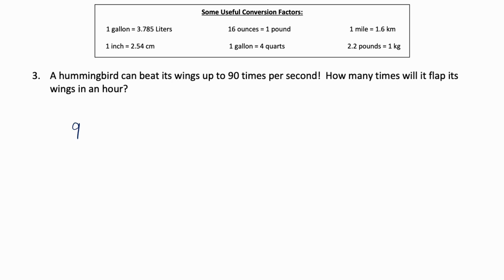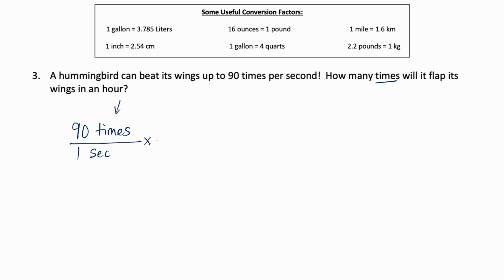So we have 90 times per 1 second. So that means in 1 second, the hummingbird beats its wings 90 times. So that's what it's giving you. And it's asking you how many times will it beat its wings in an hour. So we do not want to get rid of times because we're still trying to solve for times per hour. We're just trying to get seconds to hours.